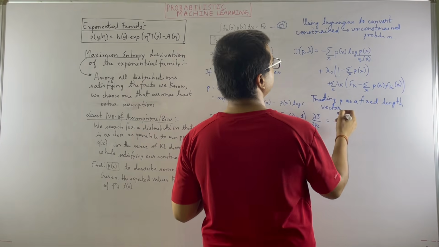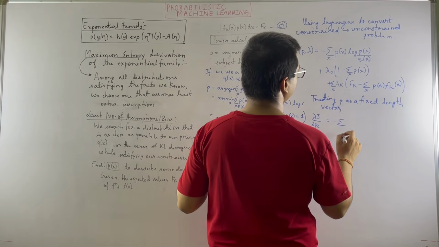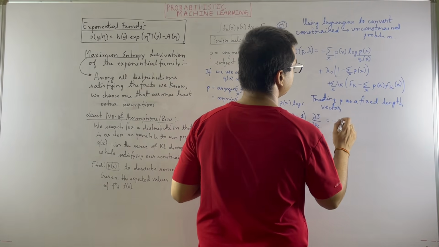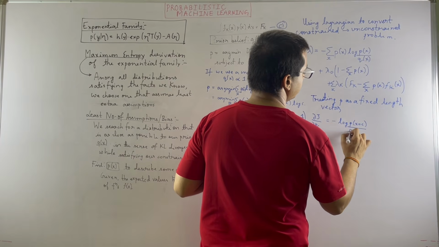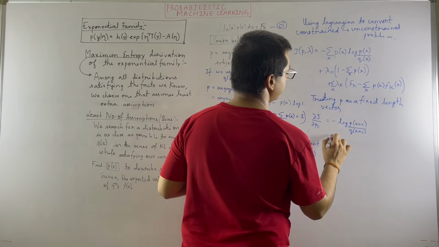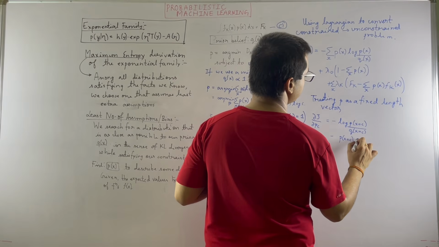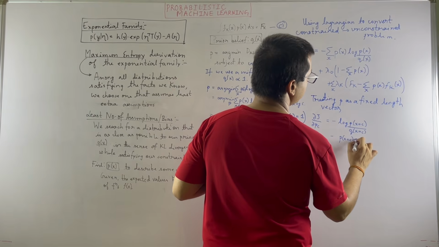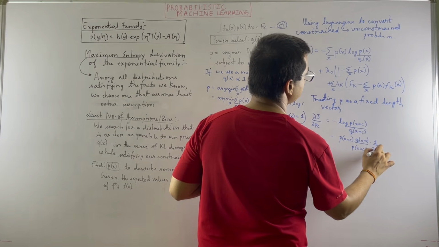So when x takes value c, first I get minus log p(x=c) by q(x=c). Then we take this one: minus p(x=c) into 1 by p(x=c), into q(x=c), into 1 by q(x=c).